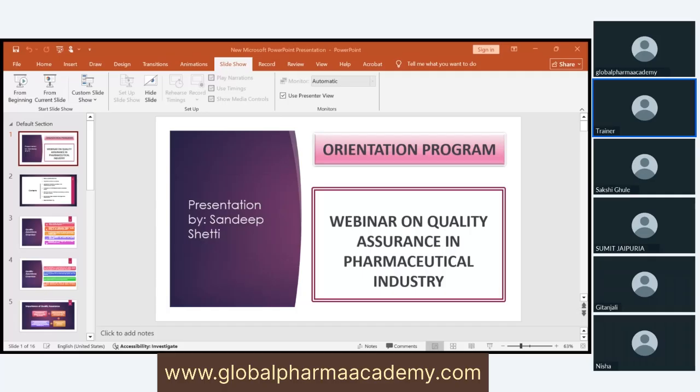From there the product life cycle starts, and from there onwards it moves to manufacturing, which is again the commercial batches, the product which is manufactured and sent into the market. So that is the manufacturing area. And finally, once the product is sent to the market, post marketing activities are also governed or ensured by pharmaceutical quality assurance. When we move on to the subsequent slides, you will come to know the different roles in these areas, especially development, manufacturing, and post market.